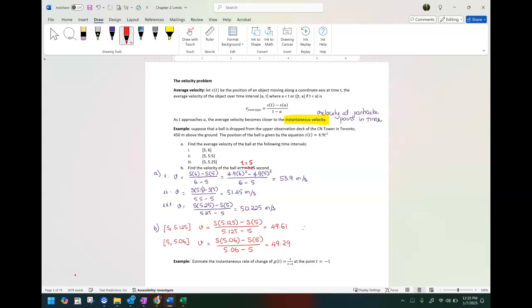So then the velocity at t equals 5 is approximately 49 meters per second.